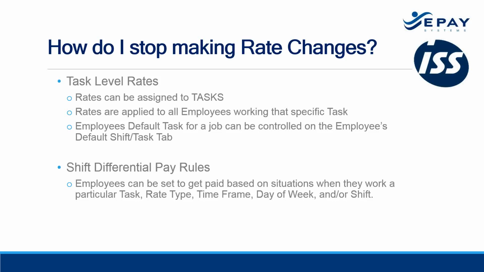Otherwise, the system is going to pull whatever task they select. In some cases around the country, the Walter devices, the time clocks, prompt the employees for a task. In more cases than not, they are not prompting, so the system is always going to take their default task. For phone-in, a call-in system, the last prompt asked of the employee is to pick your task, or choose one for your default task.